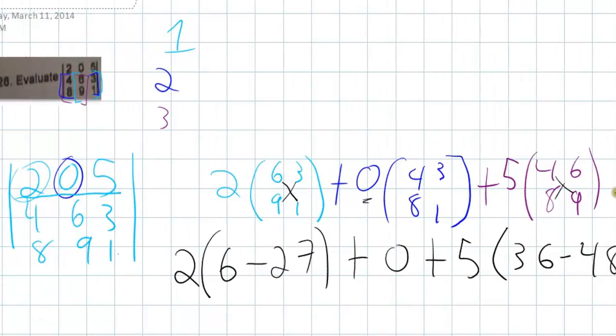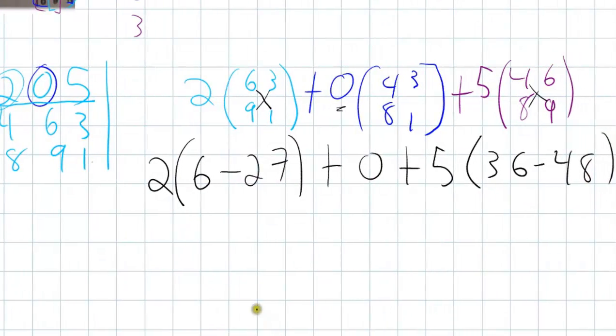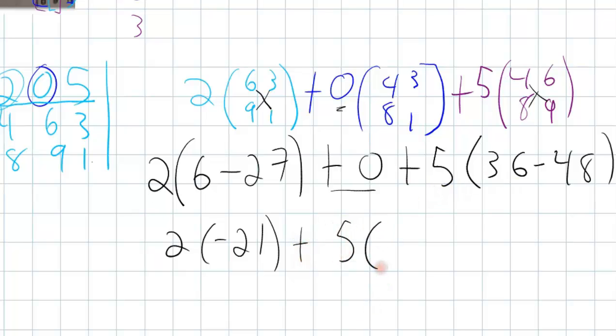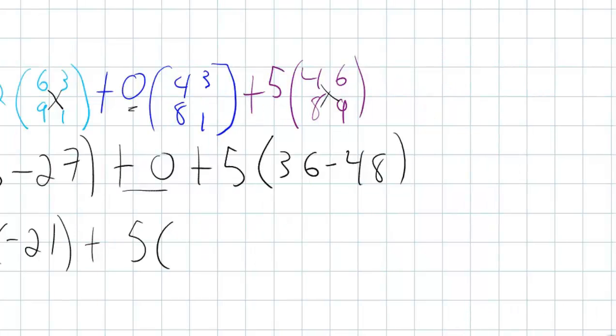Okay, and now we just start simplifying. So this is going to be 2 times negative 21, plus 0, so I'm just going to leave that out, plus 5 times 36 minus 48, which would be, I want to say negative 12, but I'm going to check my math real quick before I make any mistakes. Okay, 36 minus 48 is negative 12.